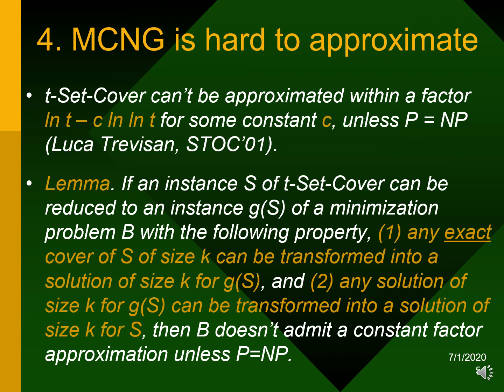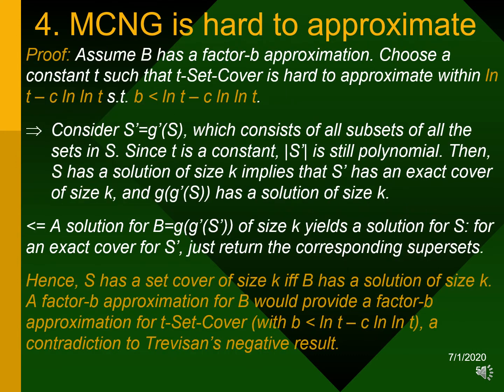The reduction is very simple. The rough idea is that because T is a constant, we just need to select T large enough. So I can enumerate all subsets of size at most T, in other words, you could have 2 to the T of them.